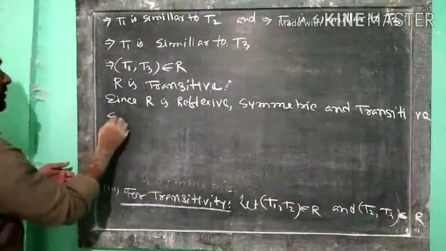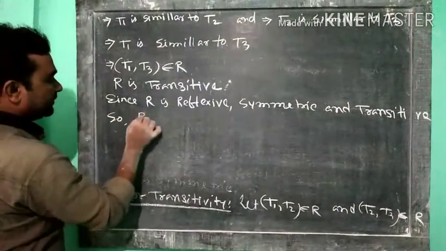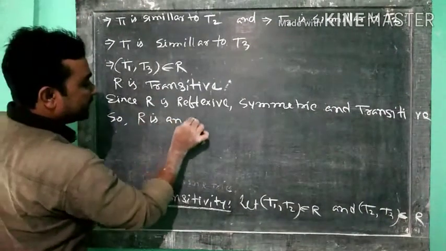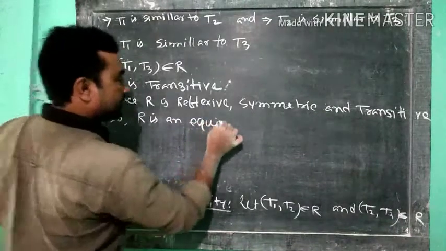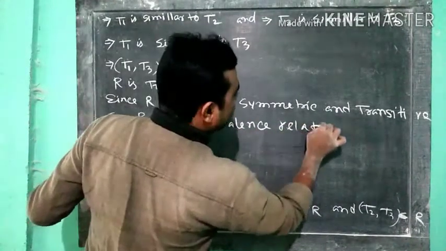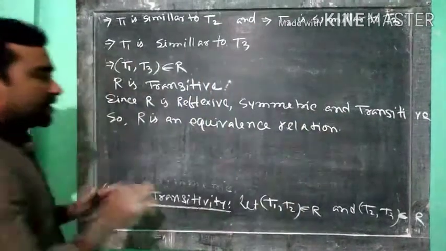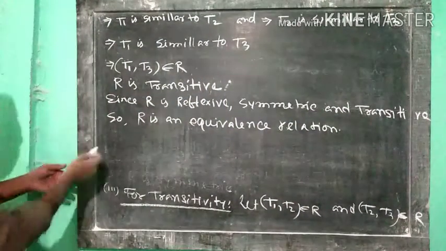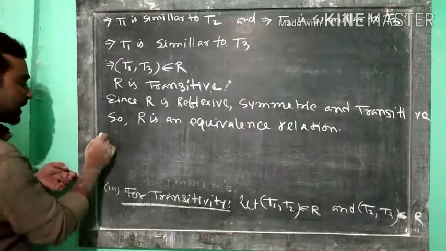So R is an equivalence relation. That was the first part. Now we are going to prove the second part.